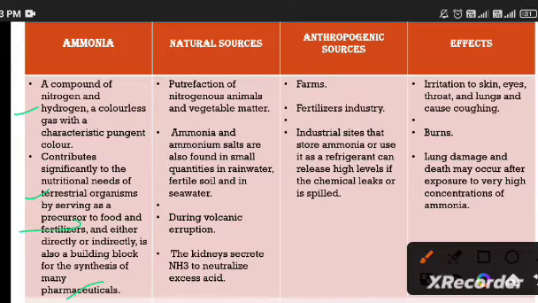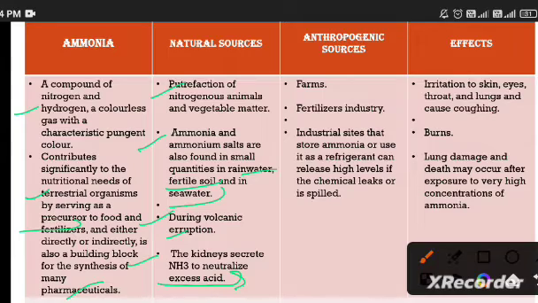Natural sources of ammonia are putrefaction of nitrogenous animal and vegetable matter. Second, ammonia and ammonium salts are also found in small quantities in rainwater, fertile soil and seawater. Third, ammonia is also released during volcanic eruptions. Fourth, the kidney secretes ammonia to neutralize excess acid.